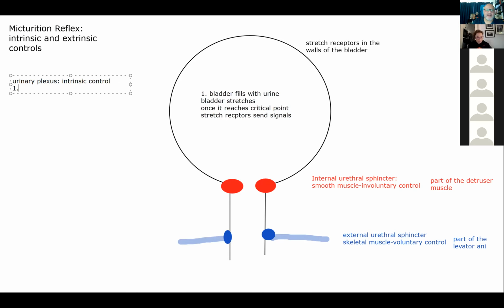The first thing that it is going to do is cause contractions to the detrusor muscle. And the second thing it is going to do is relax the internal urethral sphincter.